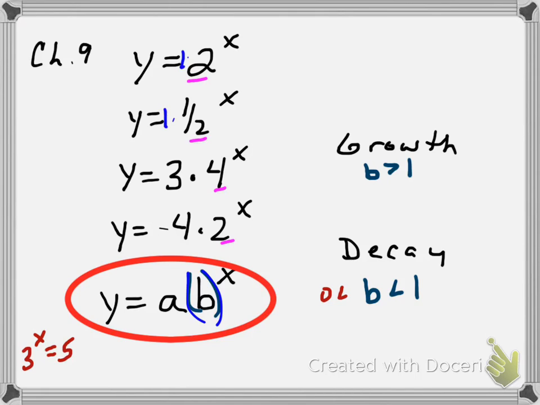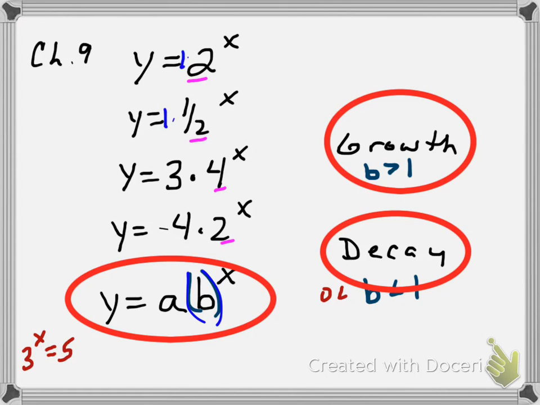B, which I've underlined in pink up there, in a times b to the x: if that number is bigger than 1, it is growth. If that number is a fraction less than 1, then it is decay. So the first one up there, y equals, and I added the 1s to show you that we do have leading coefficients that are understood to be 1s. y equals 1 times 2 to the x.